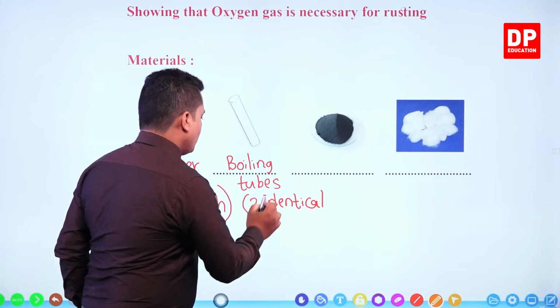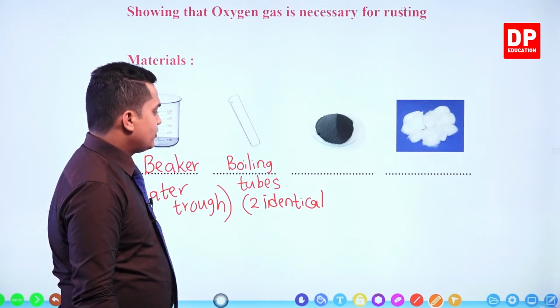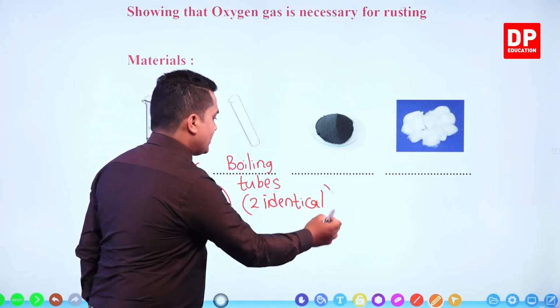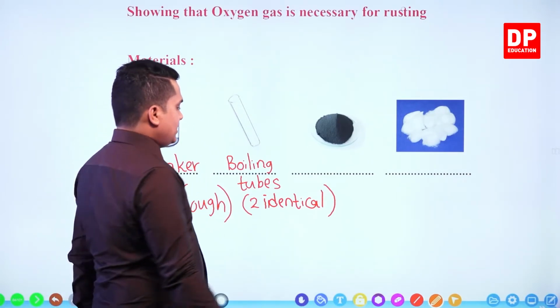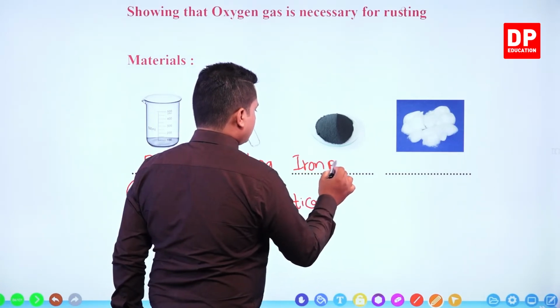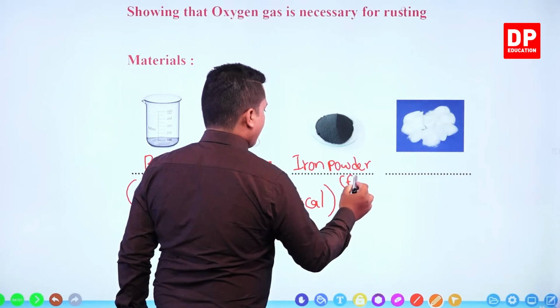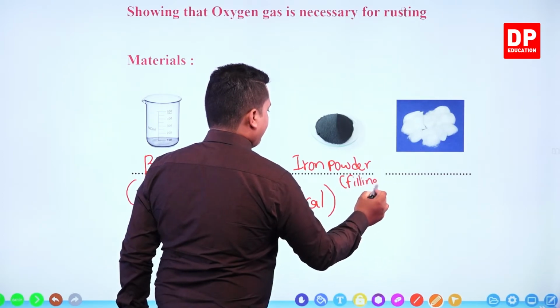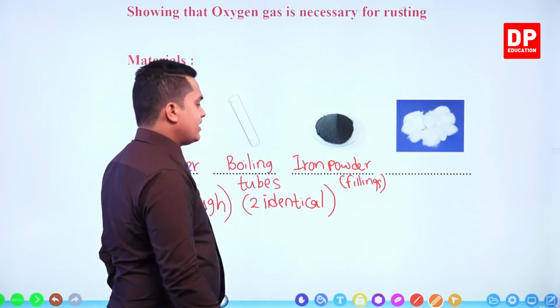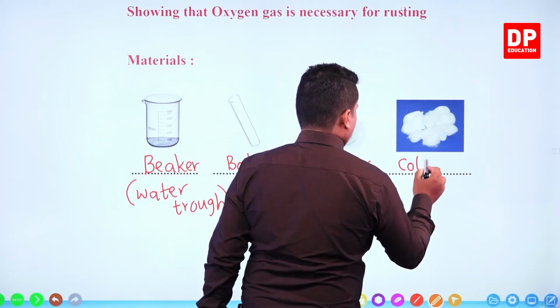We have to take two identical boiling tubes, right? Remember to take two identical boiling tubes for this process. Then iron powder or iron fillings. Then some cotton wool.